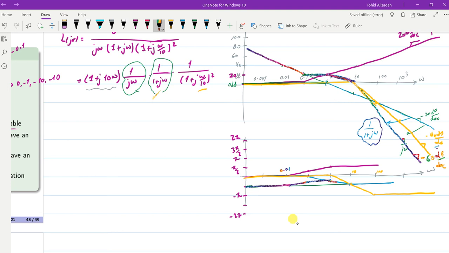At omega equal to 10, we will have almost minus pi, and I'm saying almost because this is not the exact drawing. And at omega equal to 100, we will have minus pi over 2 more, which is minus 3 pi over 2. And then the phase will remain constant. So this is the approximate phase plot for this system, together with the approximate amplitude plot that we have drawn.